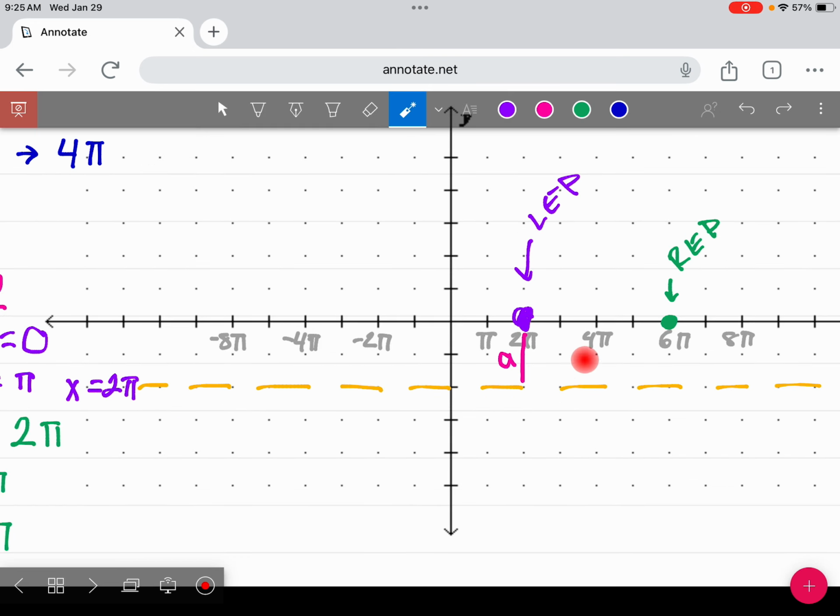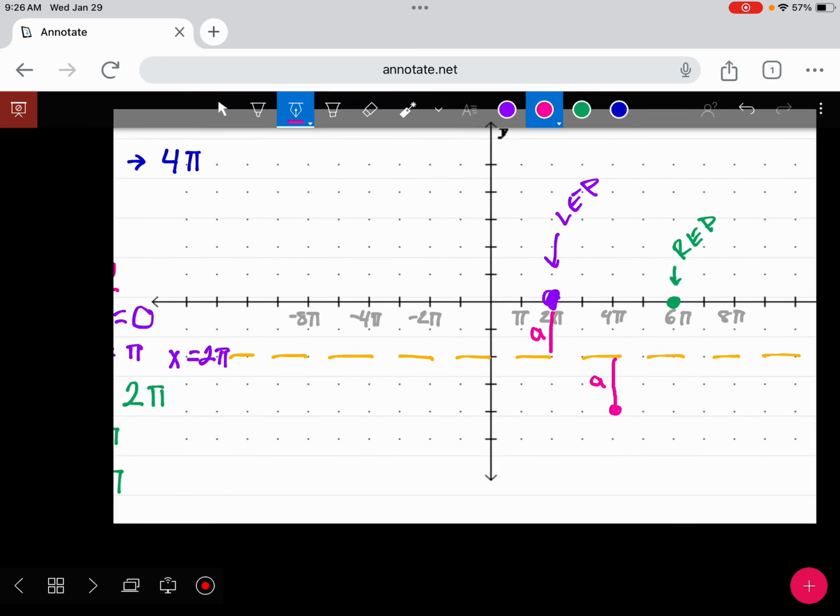So it's going to go down below the midline another version of that amplitude. Because if it goes up 1, it's also going to go down 1. If it goes up 2, it also needs to go down 2. So this also goes the amplitude. It just goes from the center. Since we had that vertical shift, our center just got moved on us.